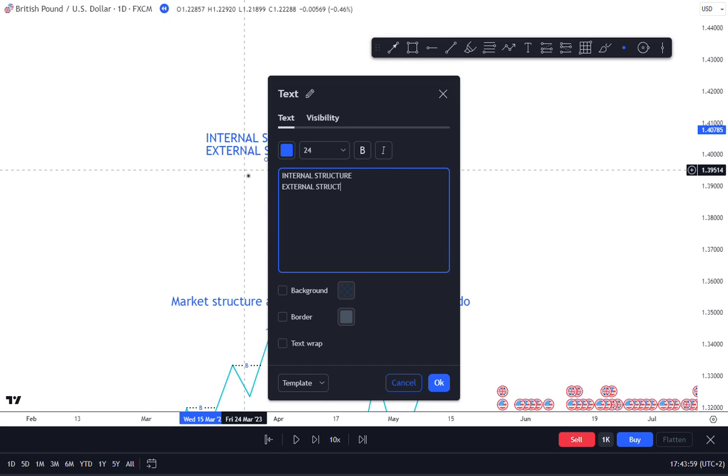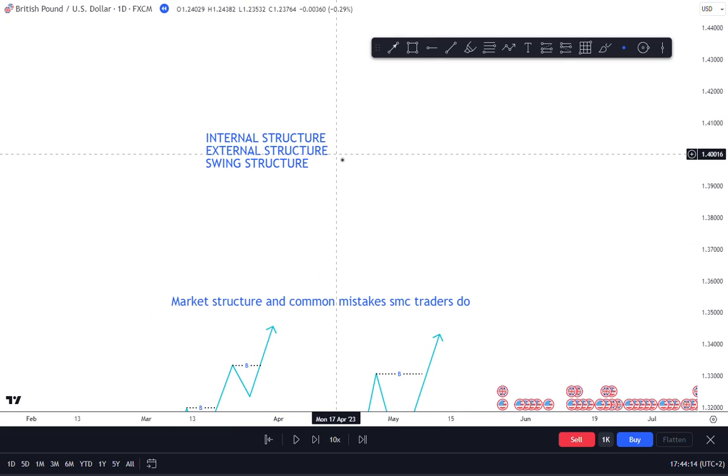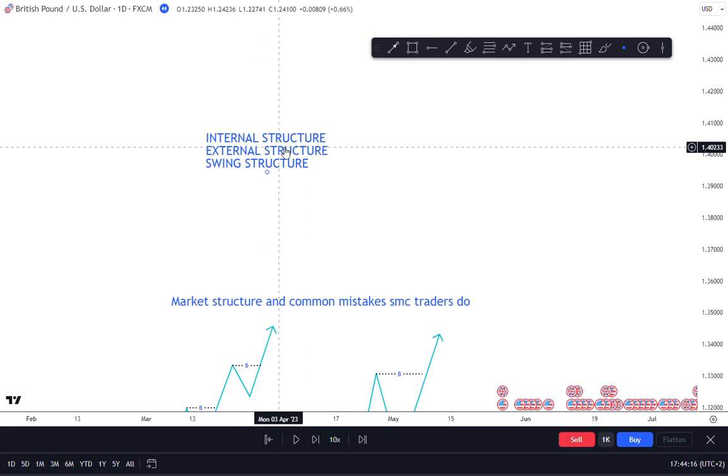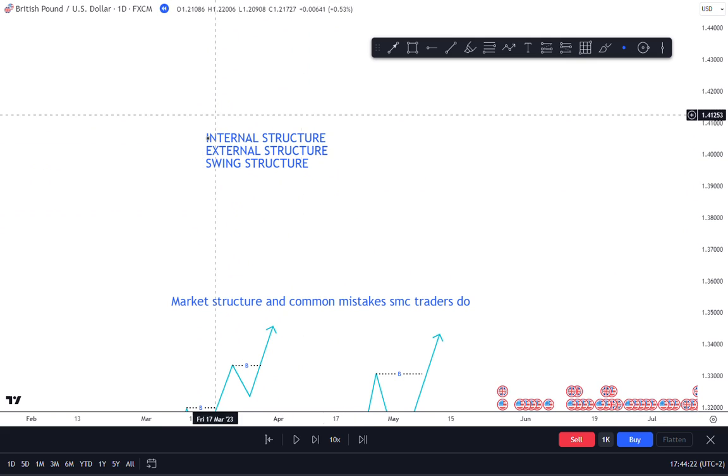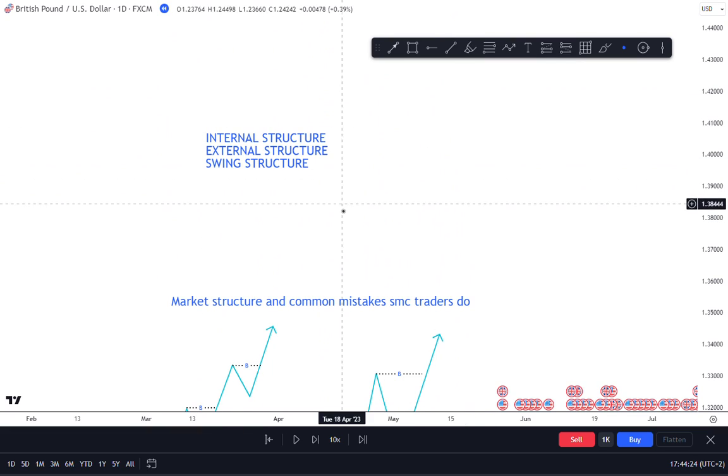Then there is strong structure, which is more or less the same as external structure. Internal structure is also the same as order flow. So these are the types of structures that we have: internal, external, and strong structure.